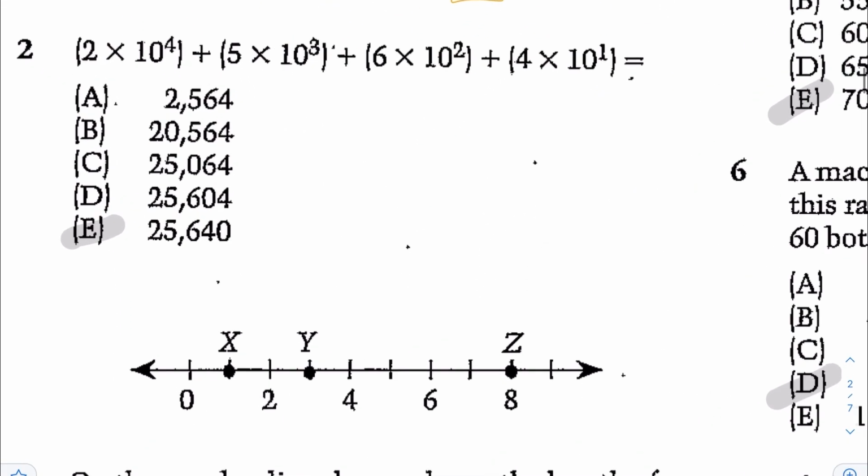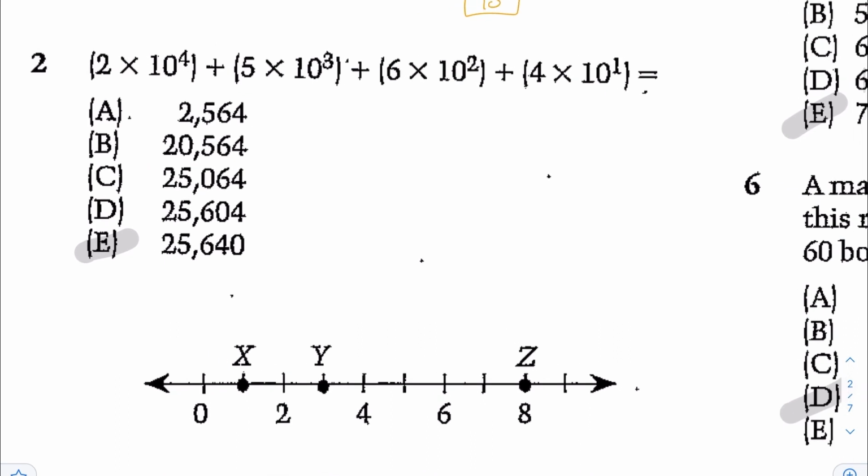All right, next for question number 2, 2 times 10 to the 4th plus 5 times 10 to the 3rd plus 6 times 10 to the 2nd power plus 4 times 10 to the 1st is equal to. So here, this is just expanded notation. So all you have to do is use the law of exponents to rewrite each of these into place values. The 2 is in the 10,000s place.